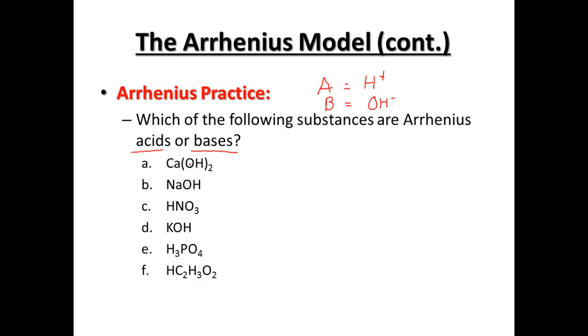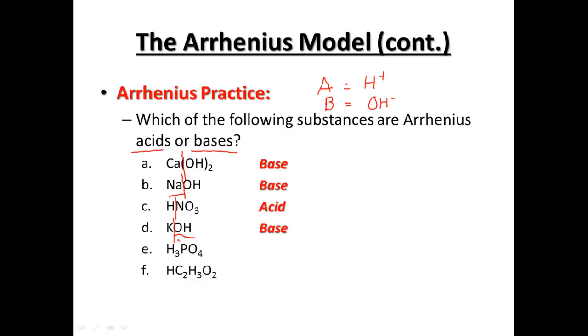Calcium hydroxide, when we think about splitting it apart, gives us the hydroxide. Sodium hydroxide, NaOH, when it splits apart, would give us another base. HNO3, when we split it apart, gives us that H plus; nitric acid would be an acid. KOH, we can see that OH there, and when it splits apart, it's going to make a base.